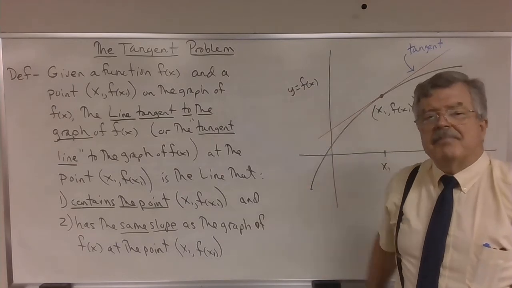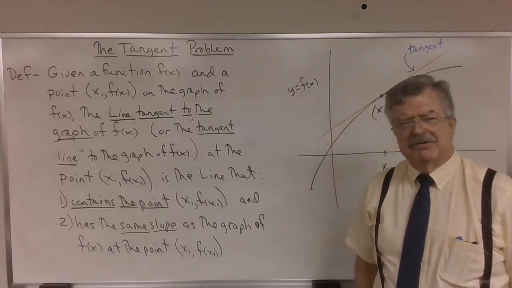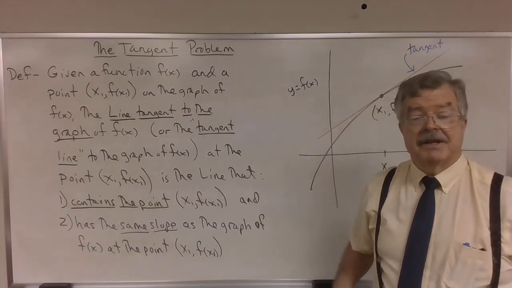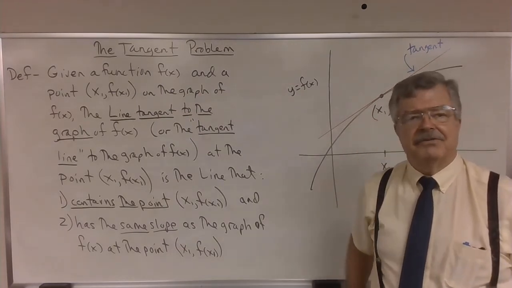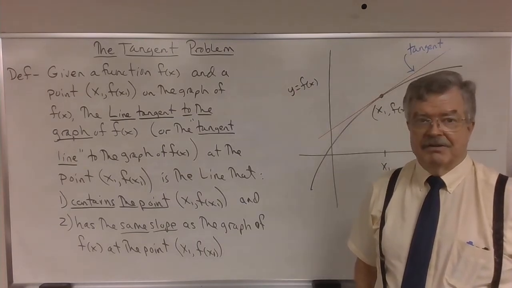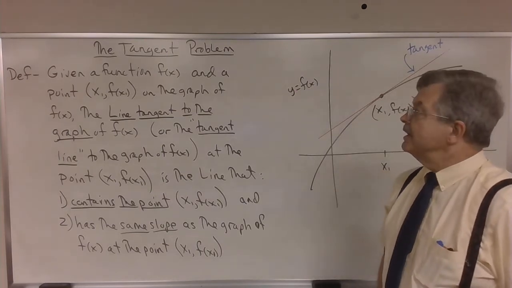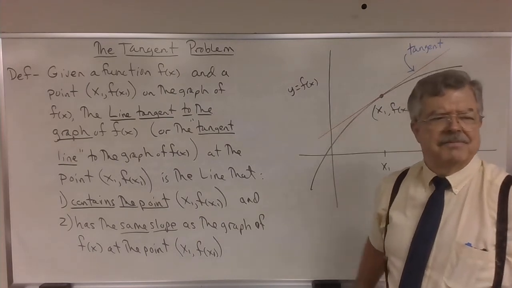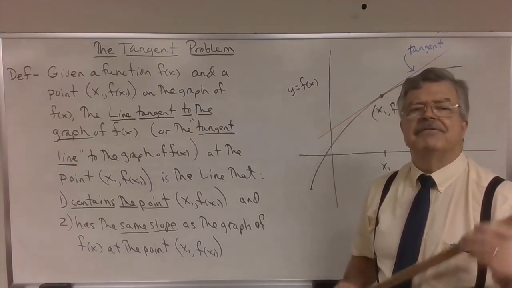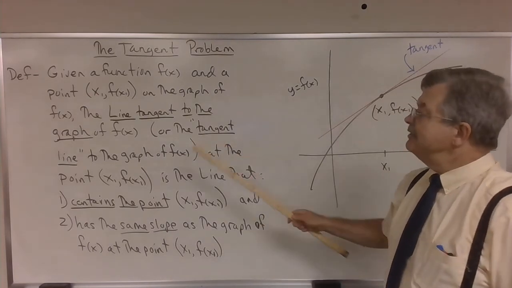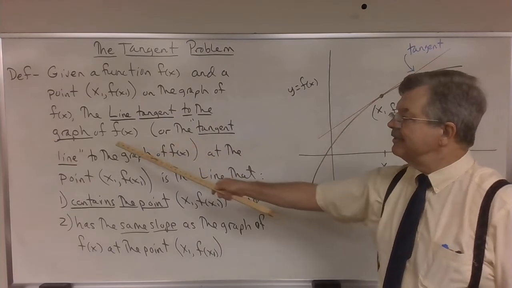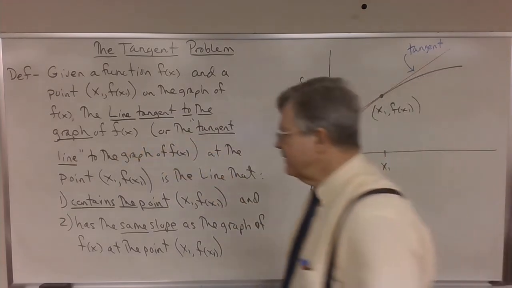And this topic that we're about to discuss is a major topic in Calculus I and continues to be a major topic throughout calculus. We're going to talk about a tangent. And the first thing that we do is we define a tangent line, or a line tangent to the graph of f of x.